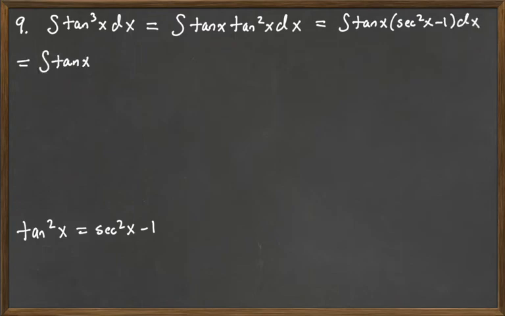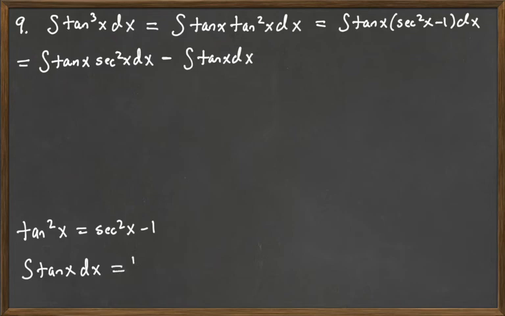So tangent x secant squared x dx minus the integral of tangent x dx. The integral of tangent, if you recall from calculus 1, is the natural log of the absolute value of secant x plus c.